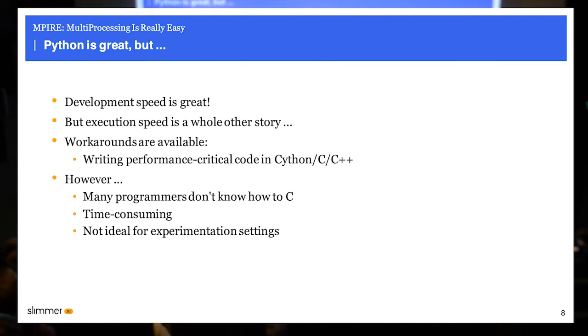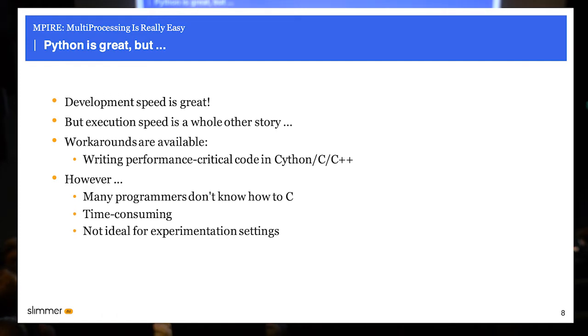However, many programmers don't know these other languages, and that's not why you chose to use Python. It can be really time-consuming to rewrite everything in a different language, and it's definitely not ideal for experimentation settings. You might just want to optimize a single thing, and rewriting it in another language is not ideal when you can only use it once.